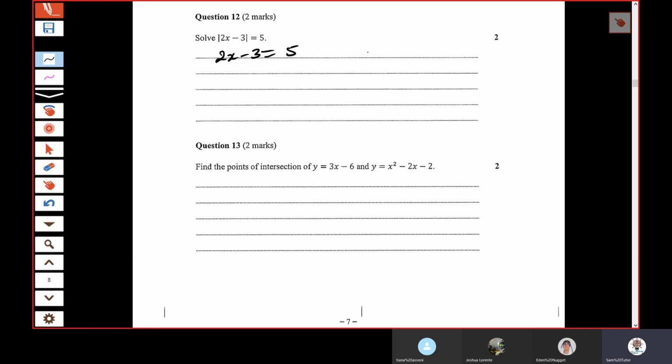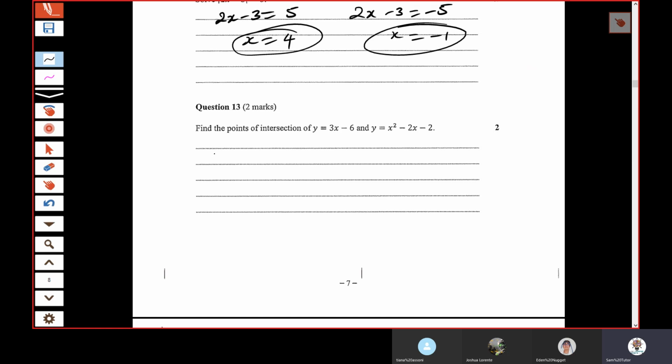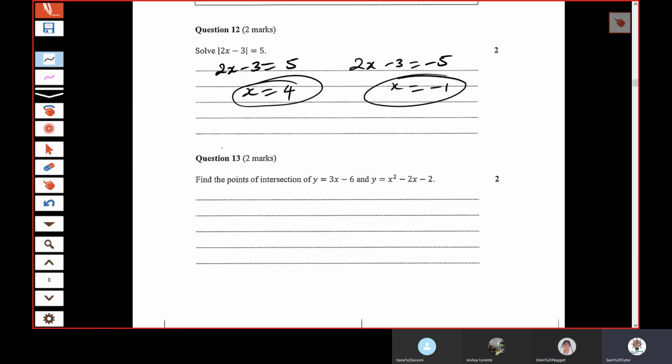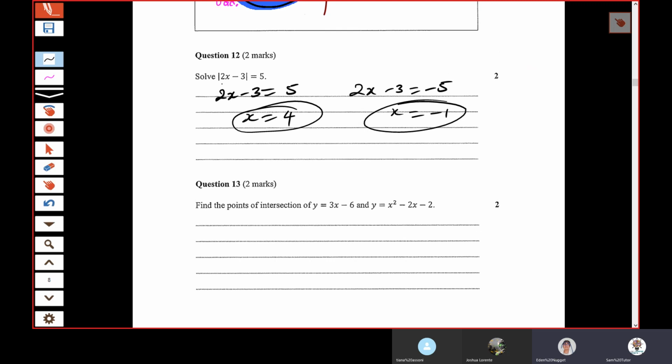Just 2x minus 3 equals 5. 2x minus 3 equals minus 5. 5 plus 3, 8. Minus 5 plus 3 is minus 2. That was easy. There shouldn't be any problems there. So for absolute value equations, you just make the answer a minus.